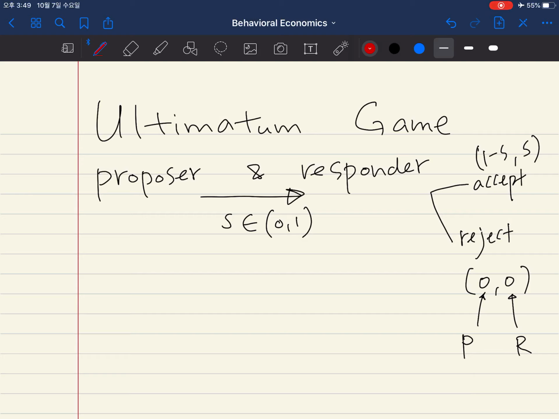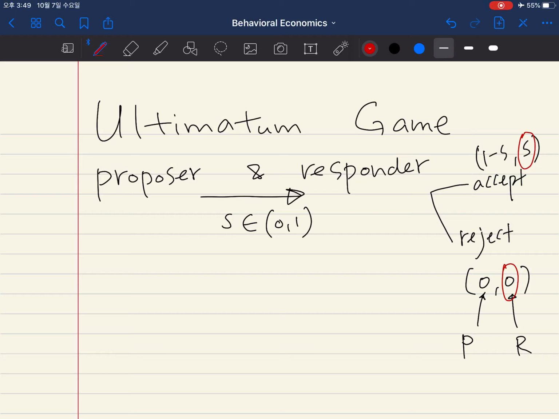If we think about responder's choice, according to traditional theory, individuals only care about their own payoff. They don't care about others.